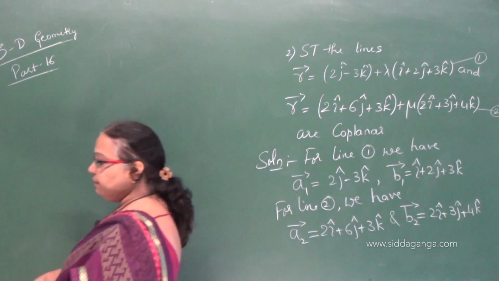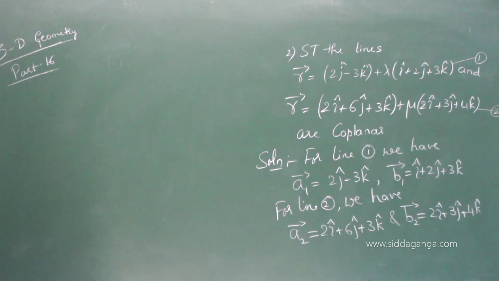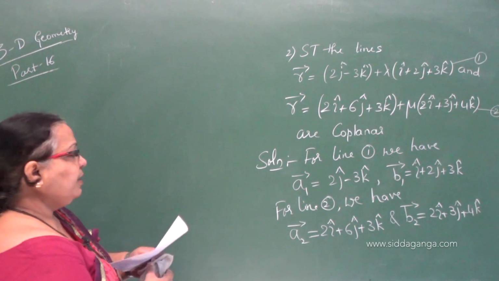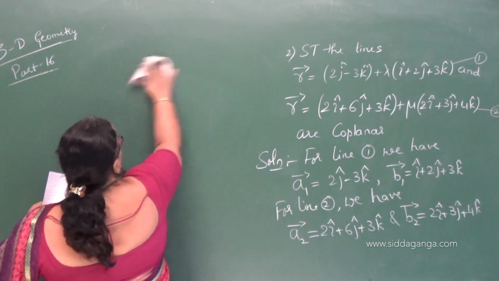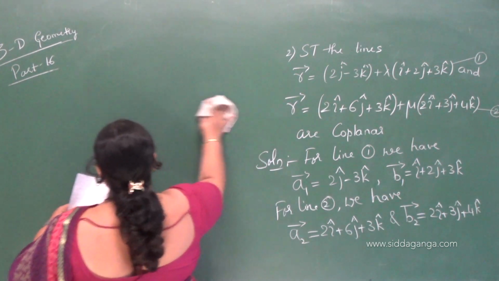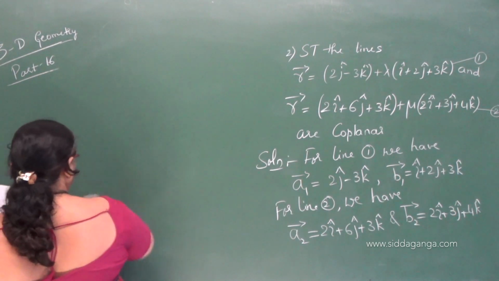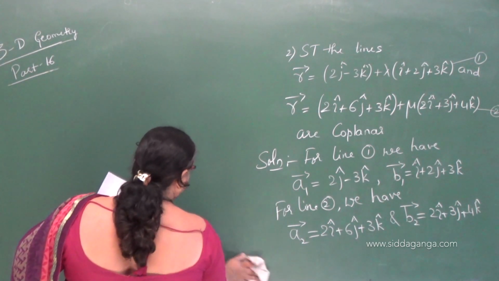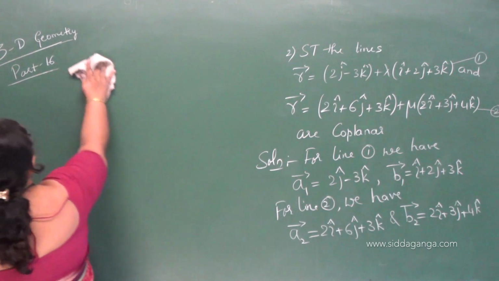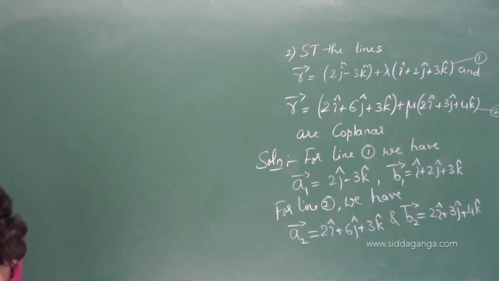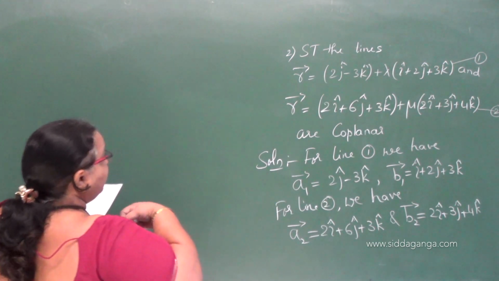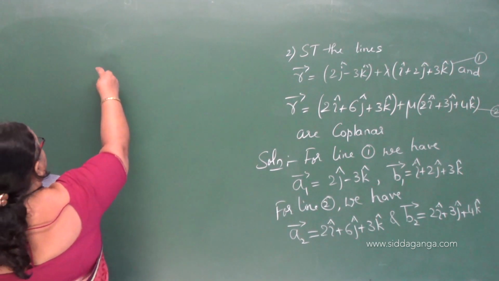So the given lines are in vector form, and hence we can write A1 vector, B1 vector, and for the second line A2 vector and B2 vector.